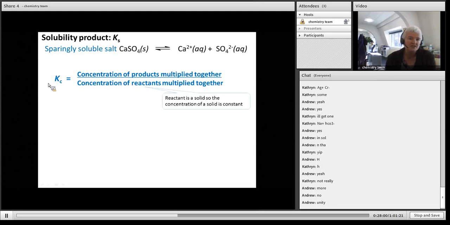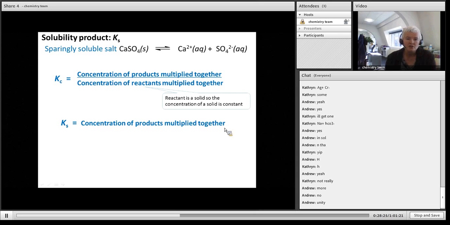So I've got two constants multiplied together, and those two constants multiplied together give me the Ks value. So a Ks only has the numerator. There's no denominator. Can you see it's missing here? If both of these were in solution, I'd have reactants, but I don't.